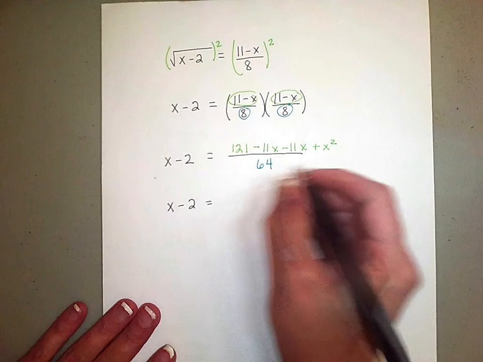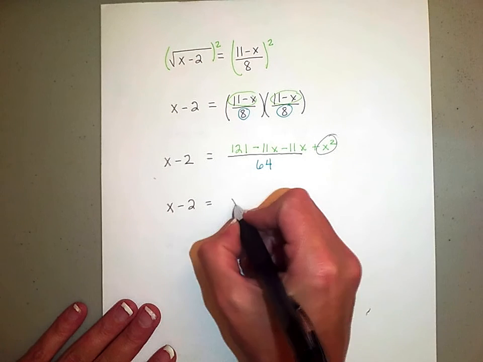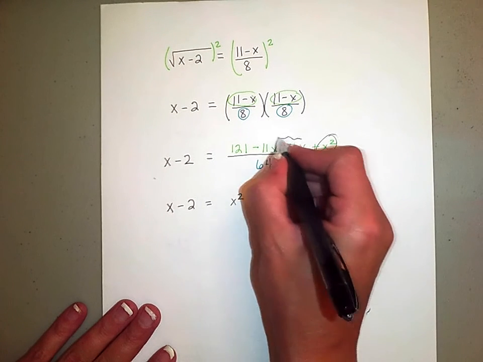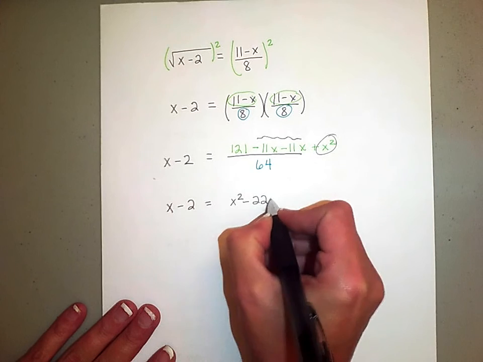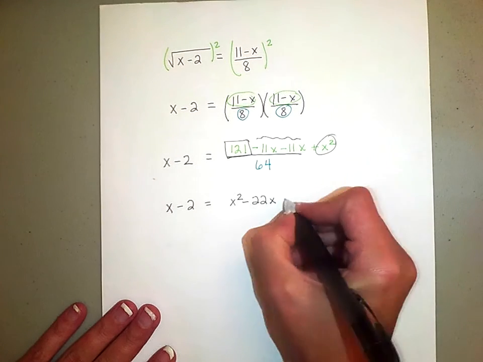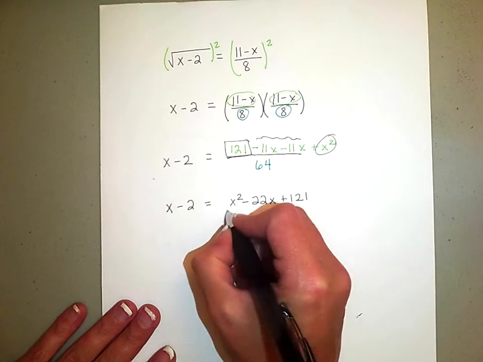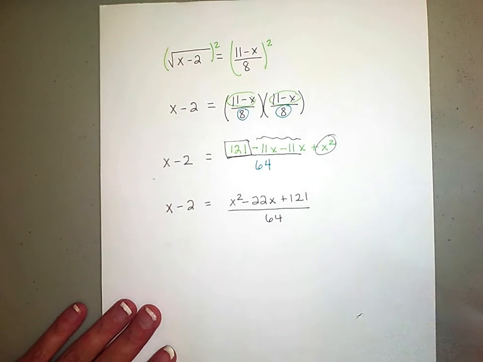So x minus 2 is equal to x squared minus 22x plus 121, all divided by 64.